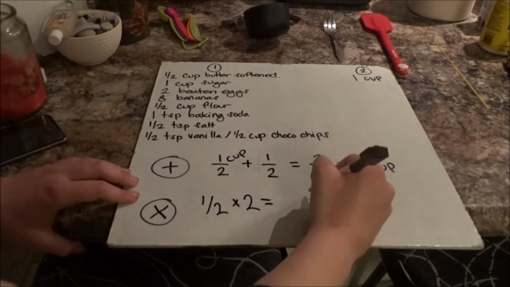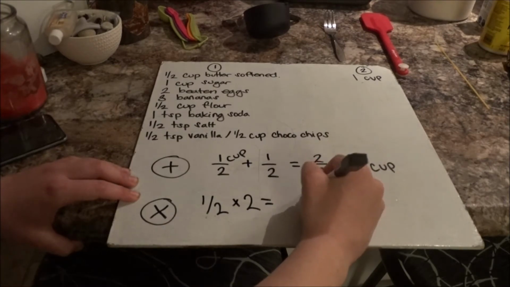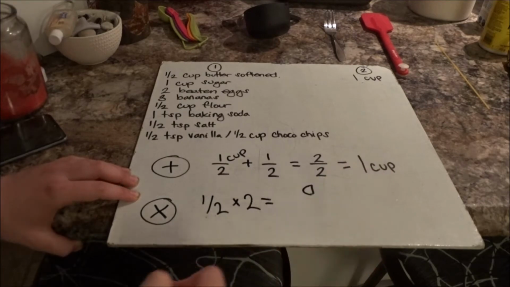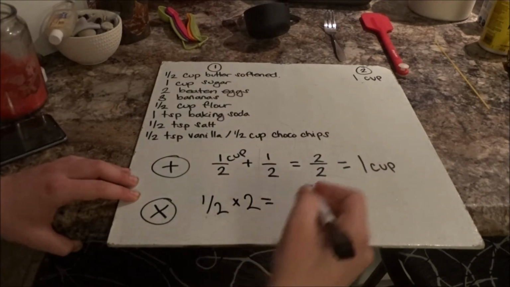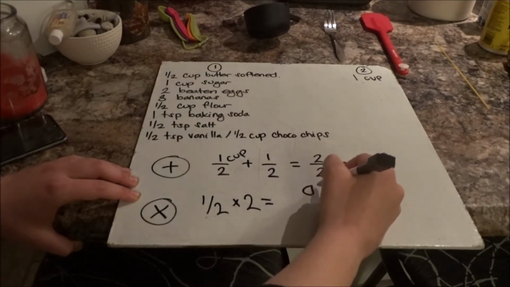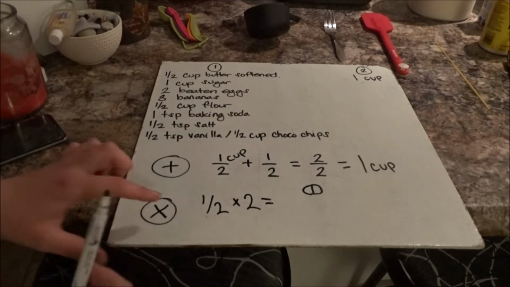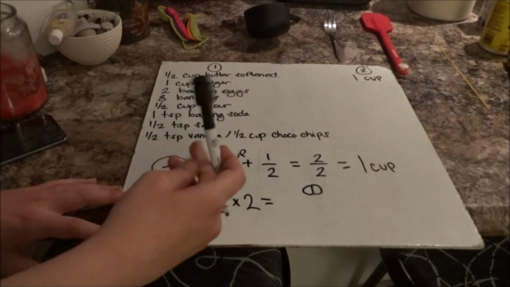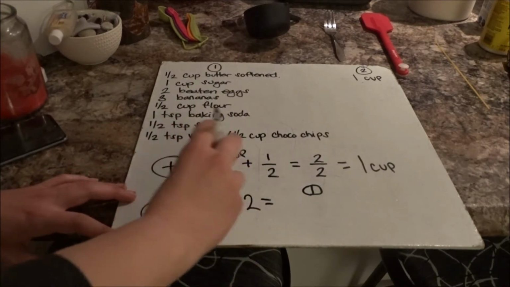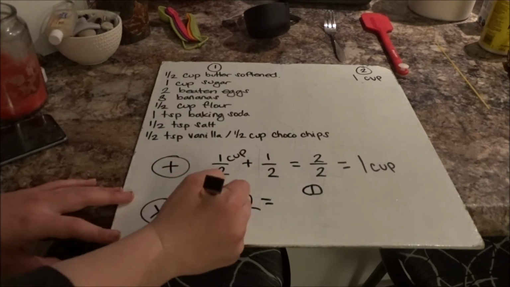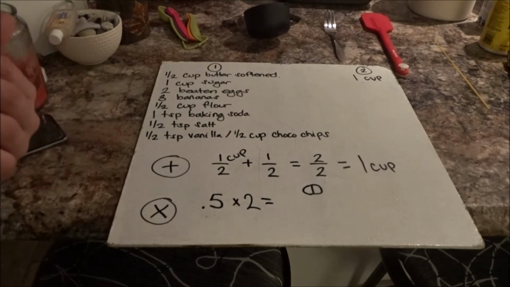So if you think of kind of like half of a pizza, you're going to times that half of a pizza by 2, which is going to make it a whole pizza. Now, another way of looking at half is also 0.5, or half of 1.